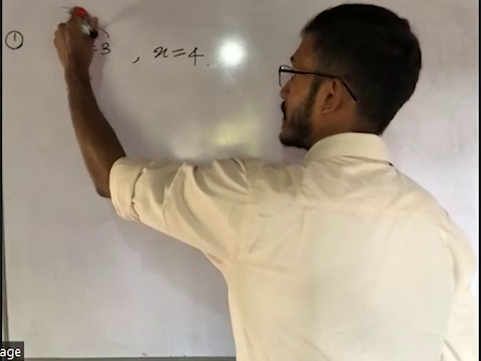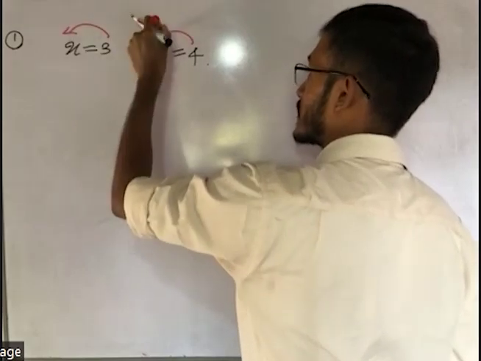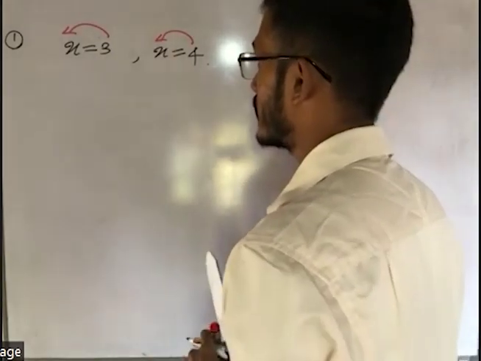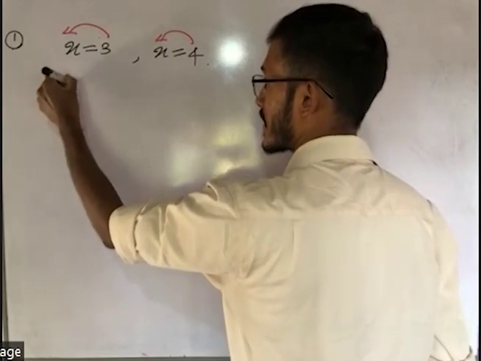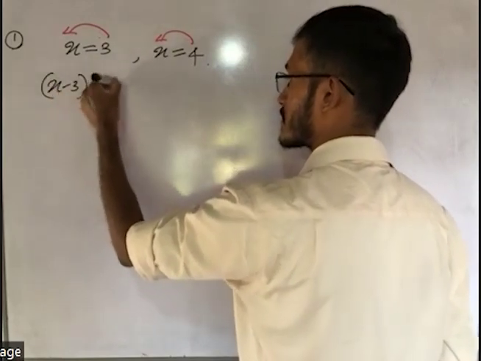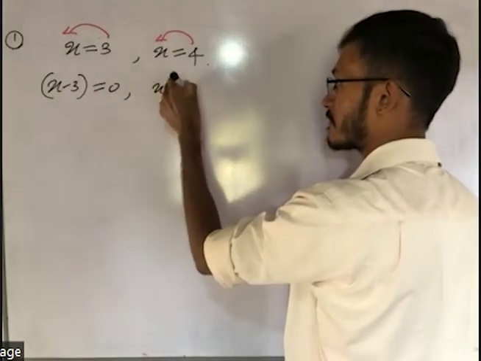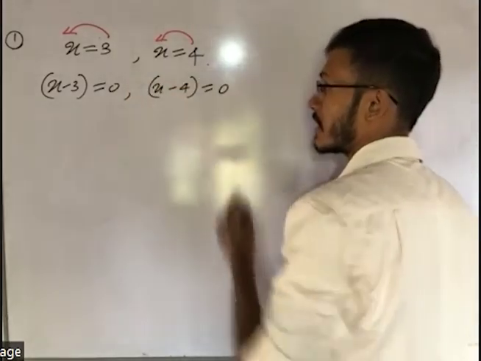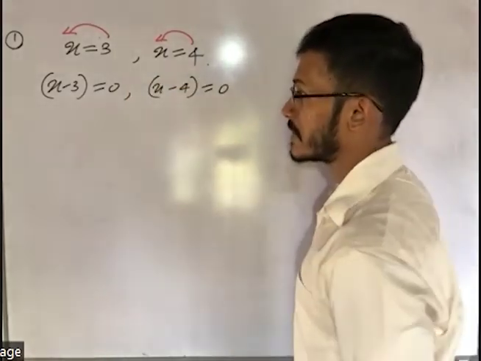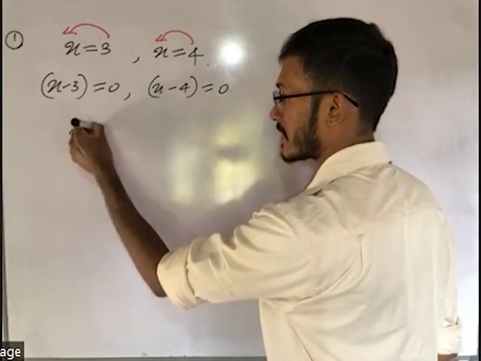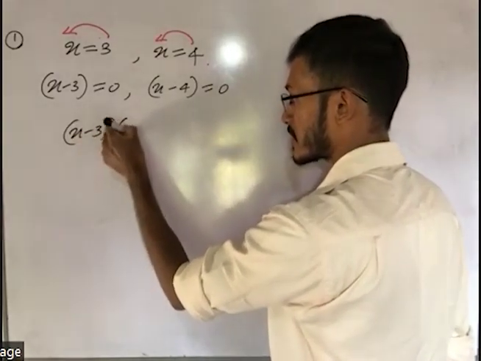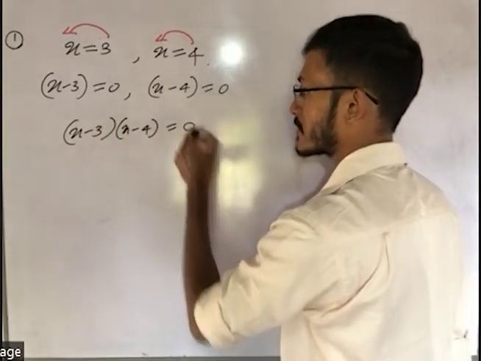So x equal to 3, take the 3 to the other side. Here take the 4 to the other side. Then this will become x minus 3 equal to 0. Here x minus 4 will be equal to 0. Now we can multiply these two. Then x minus 3 into x minus 4 will be equal to 0.